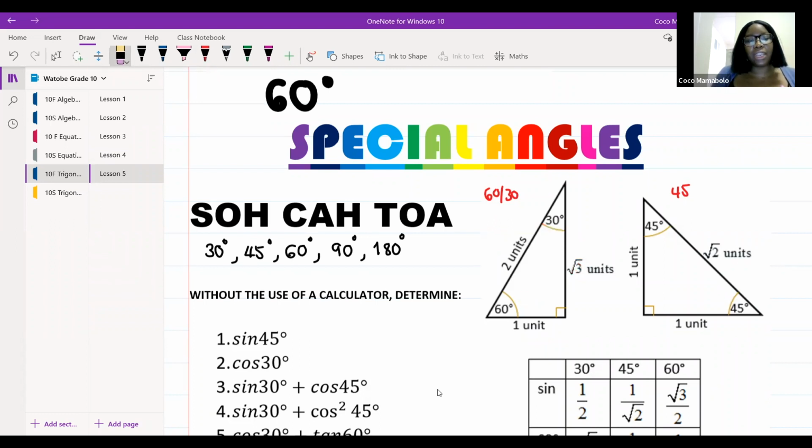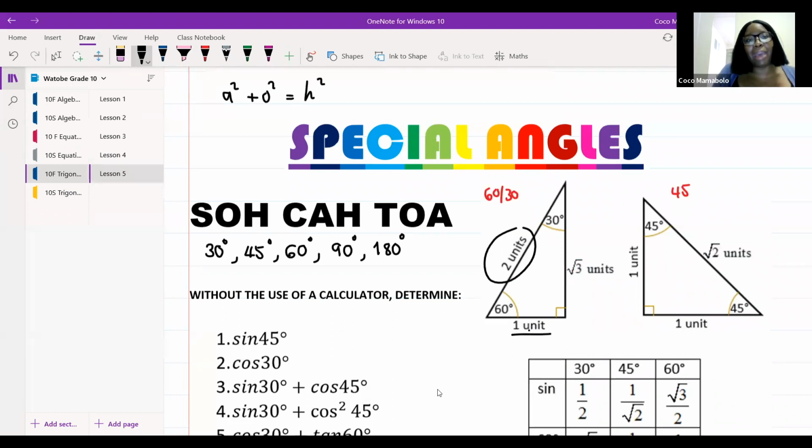Okay, and then Puseleta says, ma'am, why is it √3? And I was waiting for somebody to ask this question. Okay, this is why. Because if I want to calculate for my opposite, Puseleto, if I have this side and I have this side, my formula for Pythagoras says my adjacent squared plus my opposite squared is equal to my hypotenuse squared.